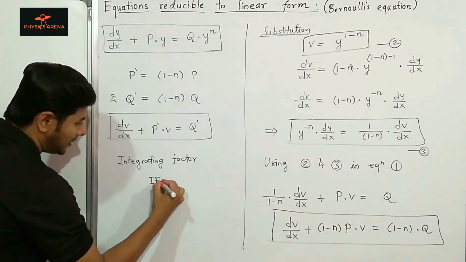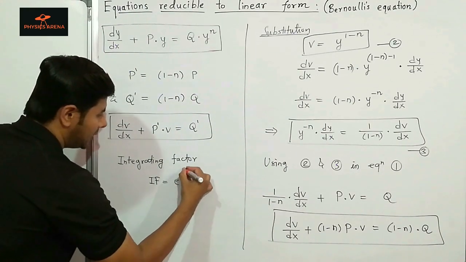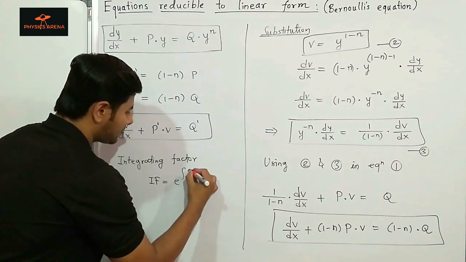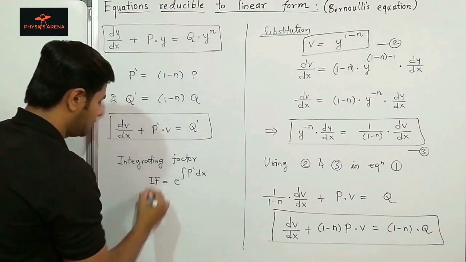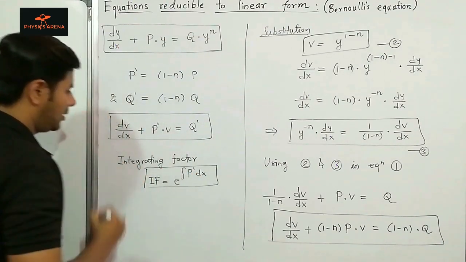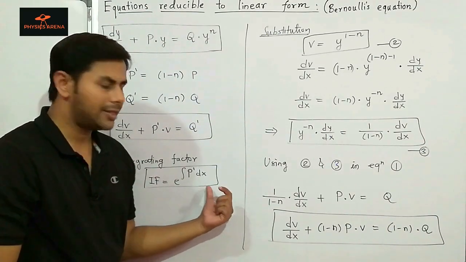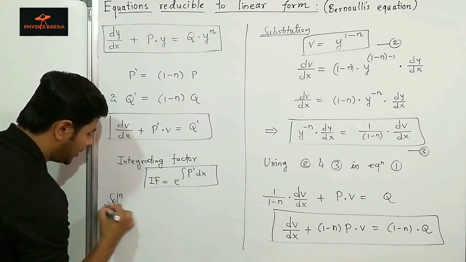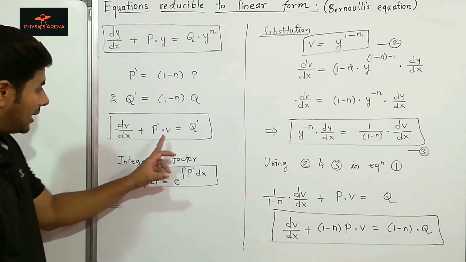So the integrating factor is e raised to the integral of p prime dx. And once we find the integrating factor, we can write the solution in terms of the integrating factor and v.